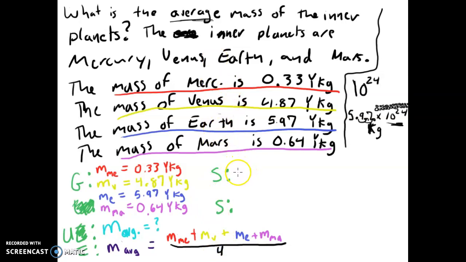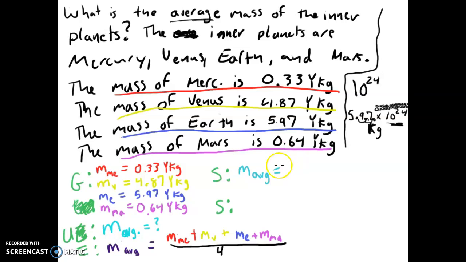We'll go back to our light blue here, and we'll do the rest of the question in black. So mass average equals, we don't substitute in for the unknown because that's what we're solving for, which is perfectly okay.